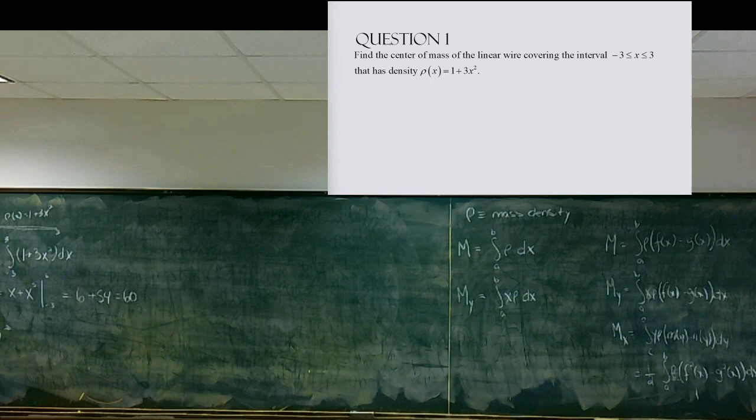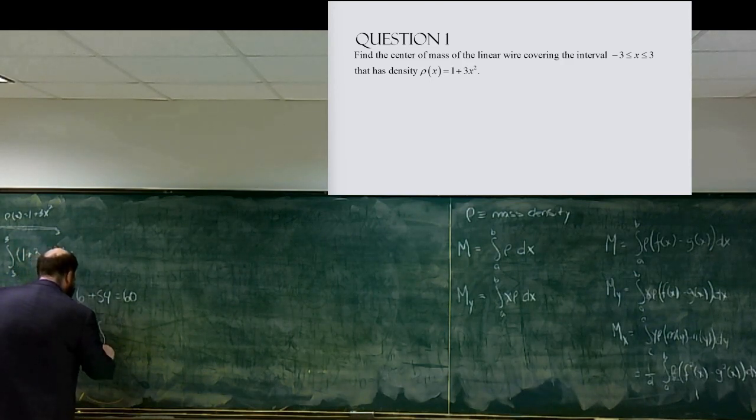So the y moment is the integral of x times your density, x plus 3x cubed.